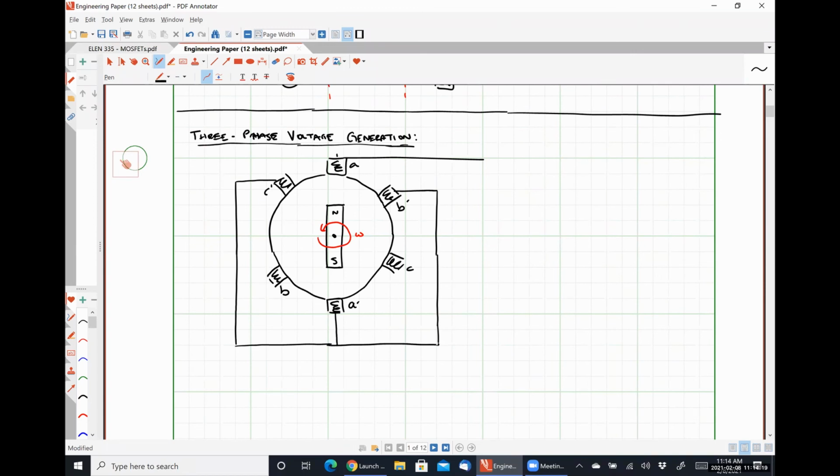And I'm going to call this point that they're all wired together as my neutral. And let's jump this guy over like so. So this would be the voltage present at my C terminal. This would be the voltage present at my A terminal. Here's my neutral.